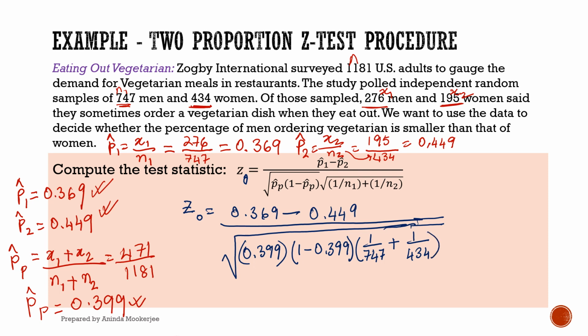That's n sub 2. And when you do this calculation, you should come up with a z sub 0 value of minus 2.726. That's going to be our test statistic value, negative 2.726. That's a z value of the difference between the sample proportions of men and women ordering vegetarian food.